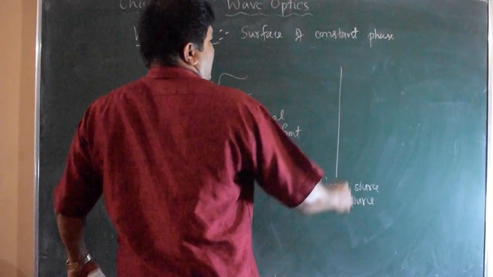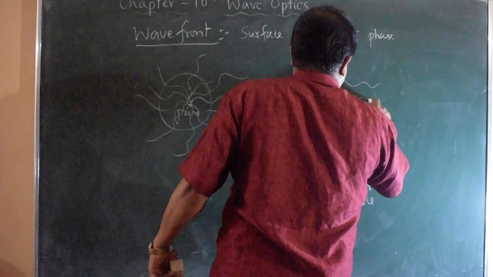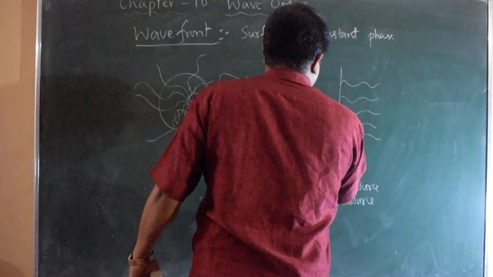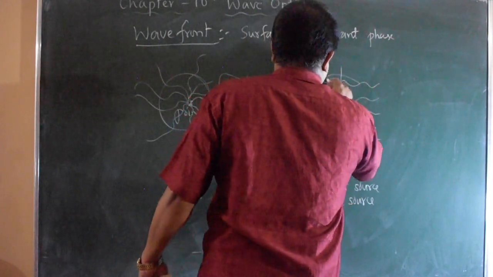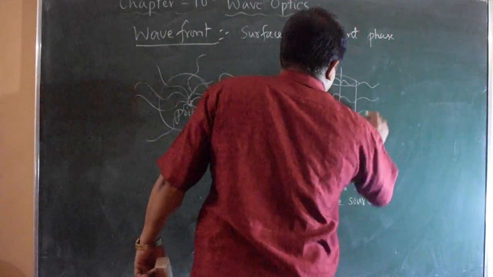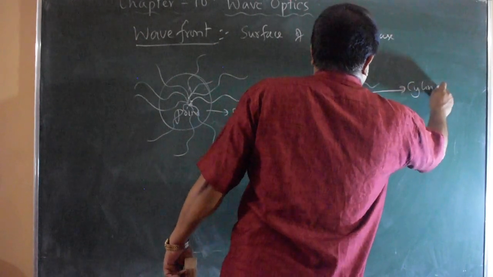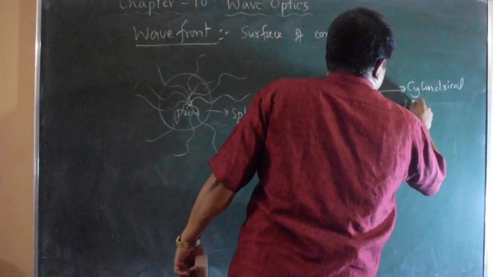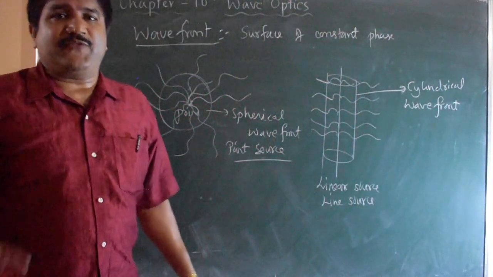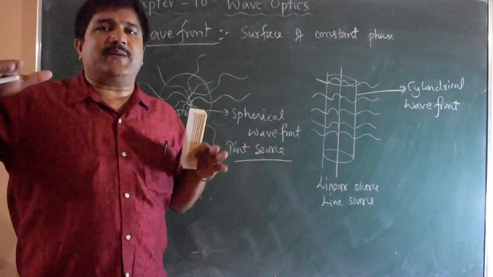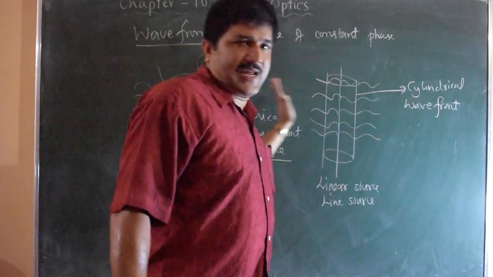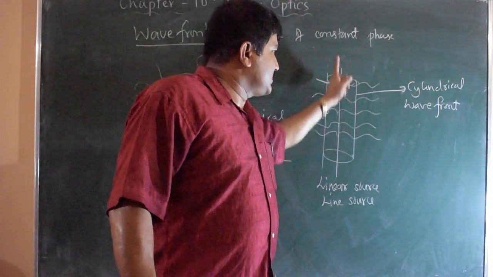If I join the surfaces all around, the points vibrating in the same phase, then I get a cylindrical wavefront. It is the surface which has the same state of vibration in all the waves. So it is not only going right and left; we assume it is three dimensional. This is the line source.